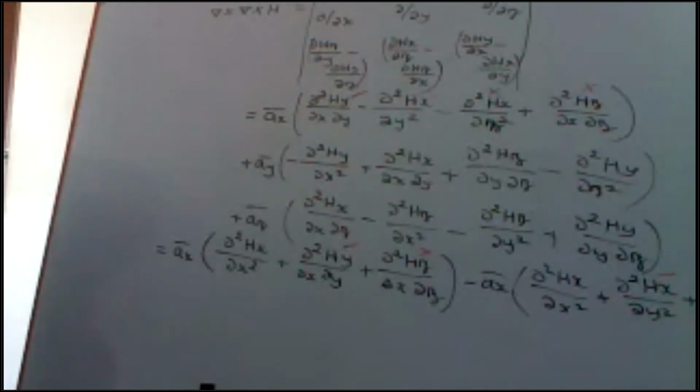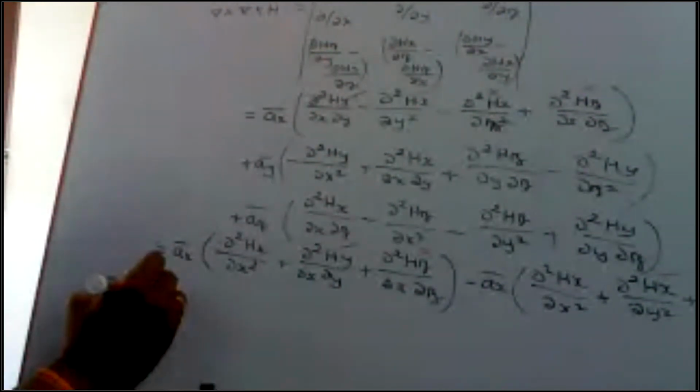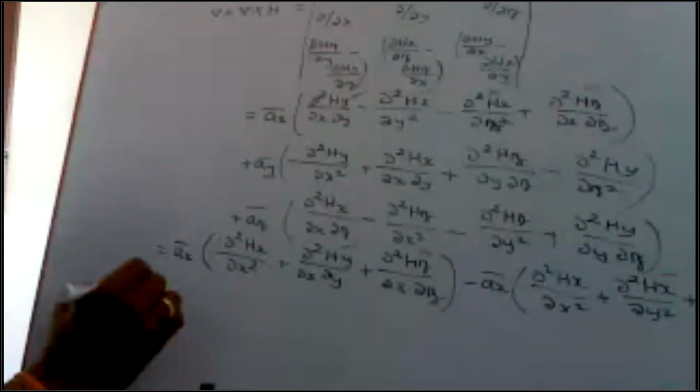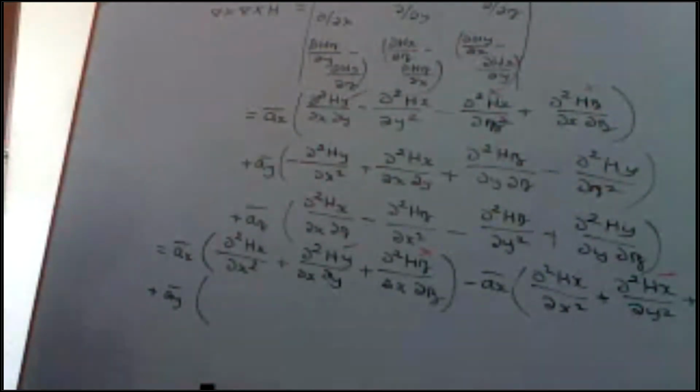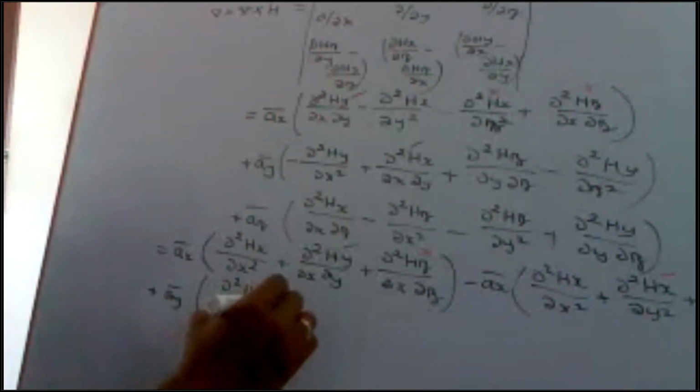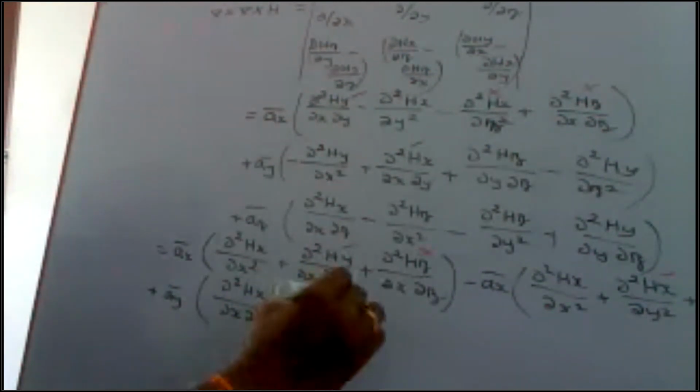In the same way I am going to do it for ay and az also. Now in ay, do you know what you have to add? In ay you have to add the y vector. This is a rather important question, this proof, you may have studied it in maths also. Now what I am going to add here is, look, x square is there, z square is there, so I have to add the y term. I first write dou square hx by dou x dou y. Second term, I am adding this dou square hy by dou y square voluntarily.